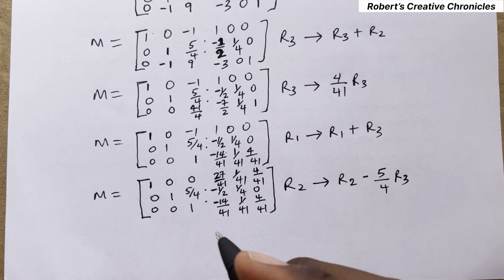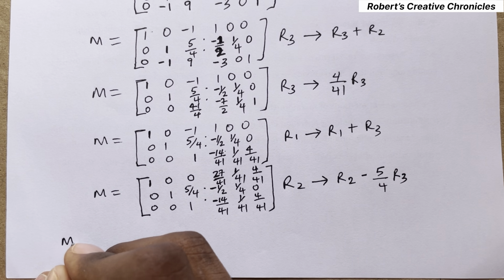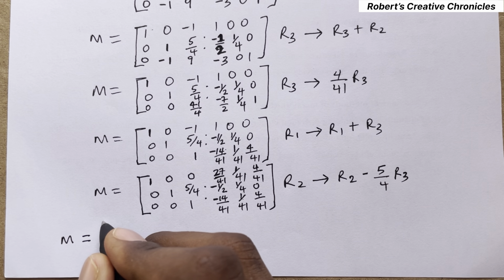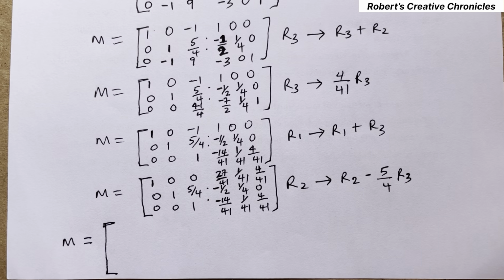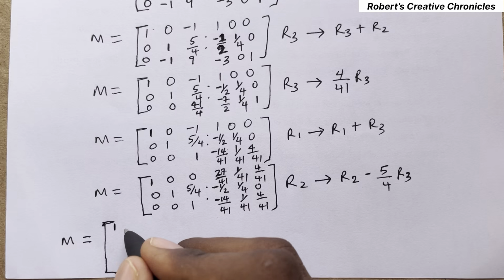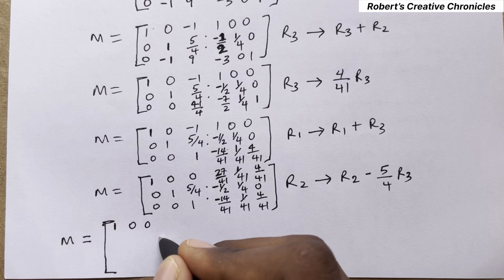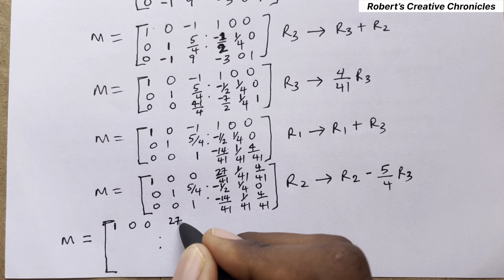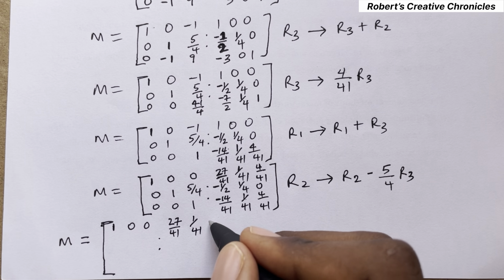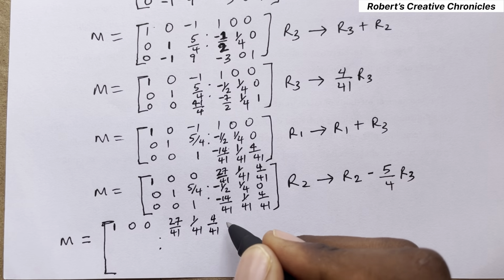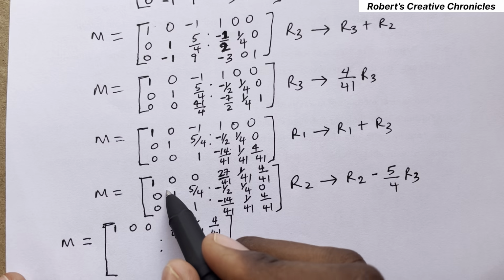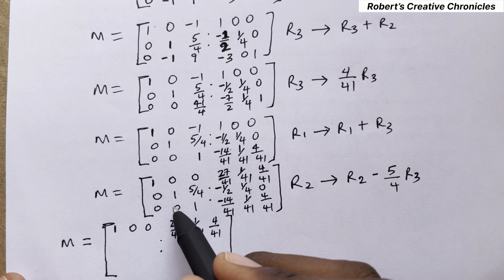So that becomes row 1, the same thing, 1, 0, 0, 27 over 41, 1 over 41, 4 over 41. Then row 2 changes. So row 2 now will be row 2 minus 5 over 4 row 3.